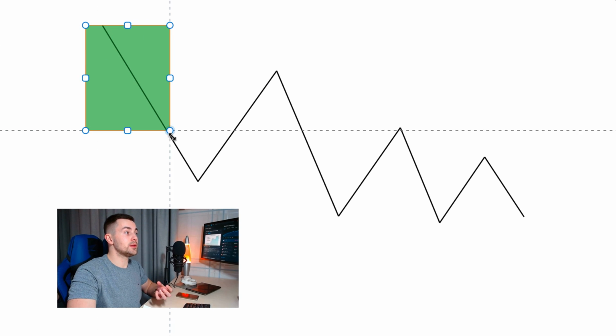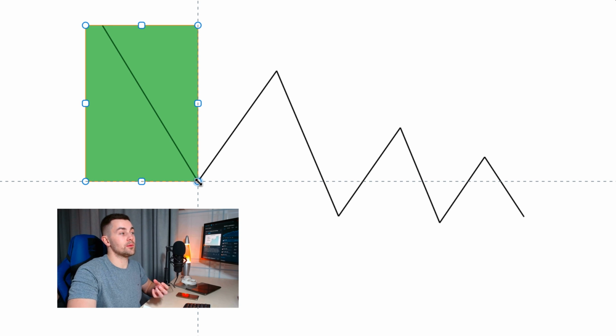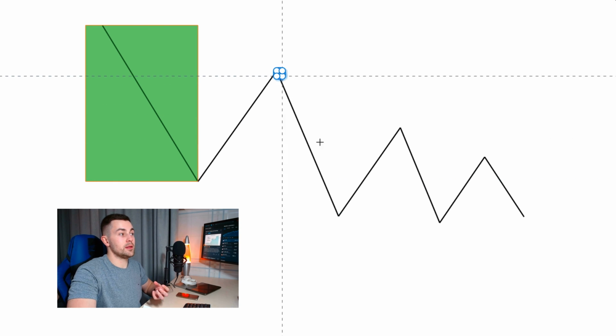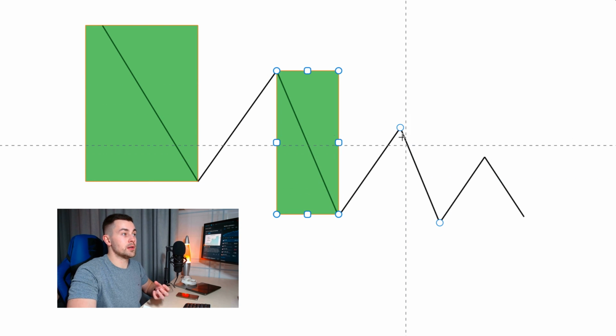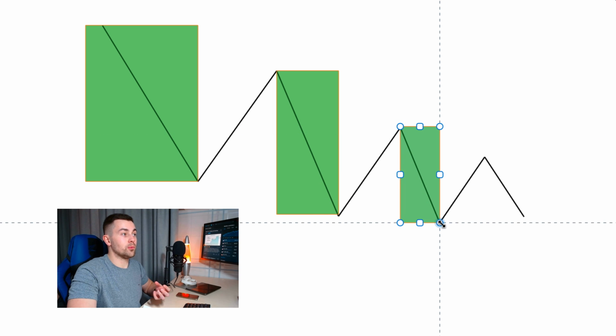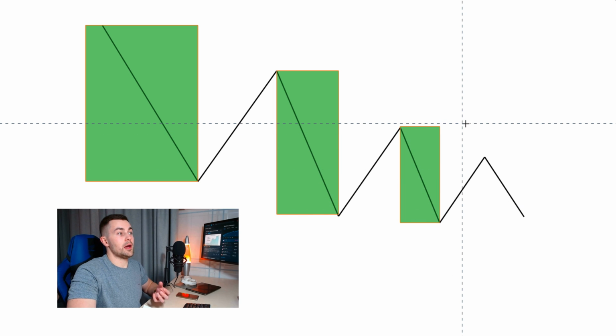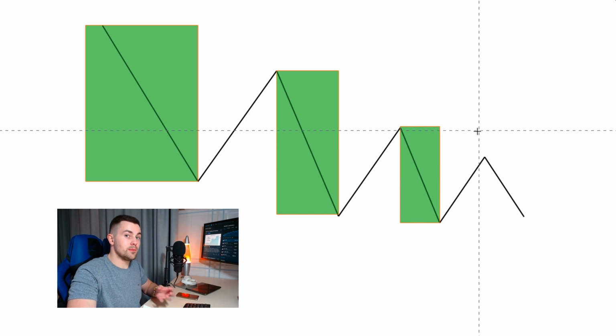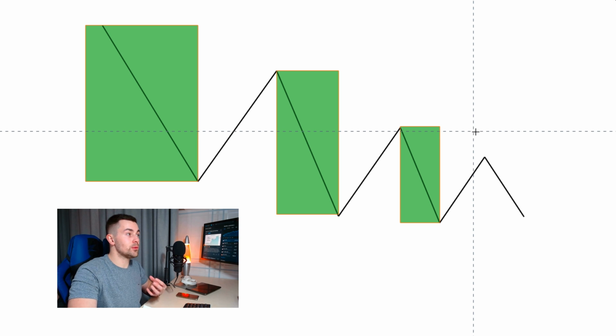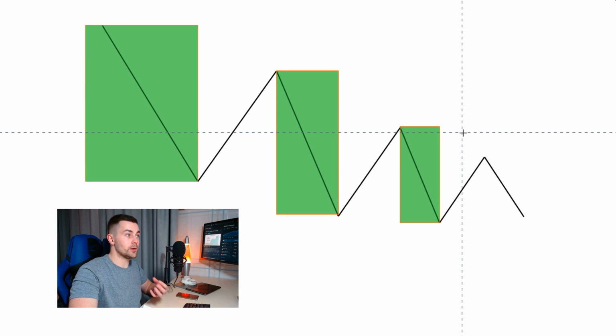And we simply take these impulses, yes, here was our first impulse, then here was our second impulse, here was our third impulse. You can see that the impulses become weaker and weaker, and with each and every consequent leg the market becomes weaker.